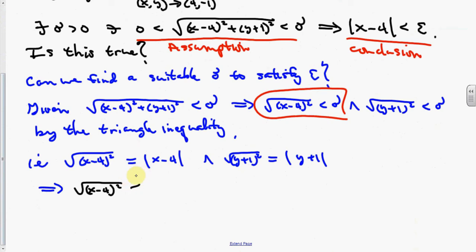This guy is equal to the absolute value of x minus 4. But we said that the square root of (x minus 4) squared is less than delta.